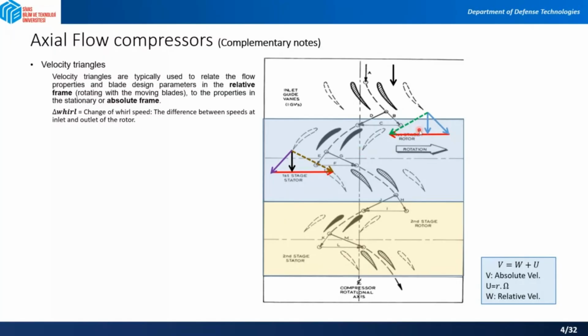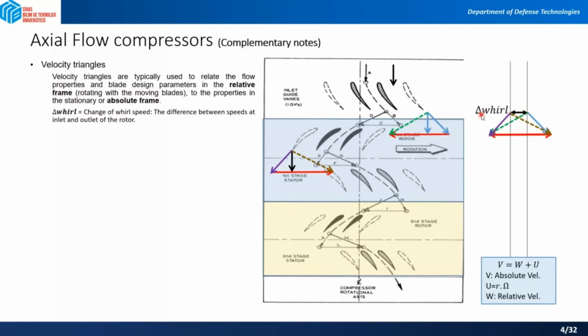So if you just put these two triangles like this, you can see that this is the inlet of the rotor triangle, and this is the outlet of the rotor triangle. Now, if you put them on top of each other, you will see that they make such a shape, and there is something in between these two.